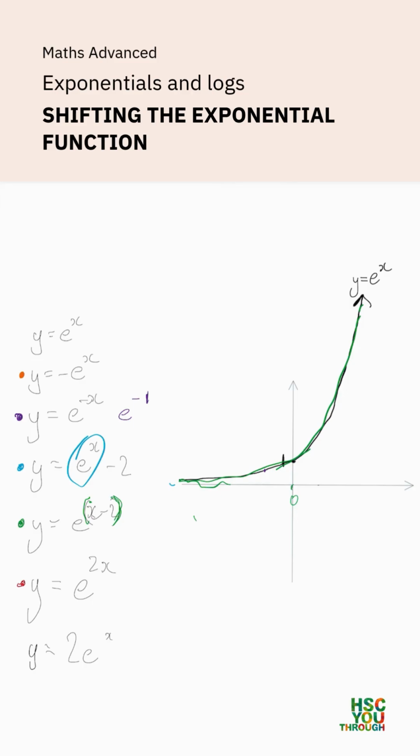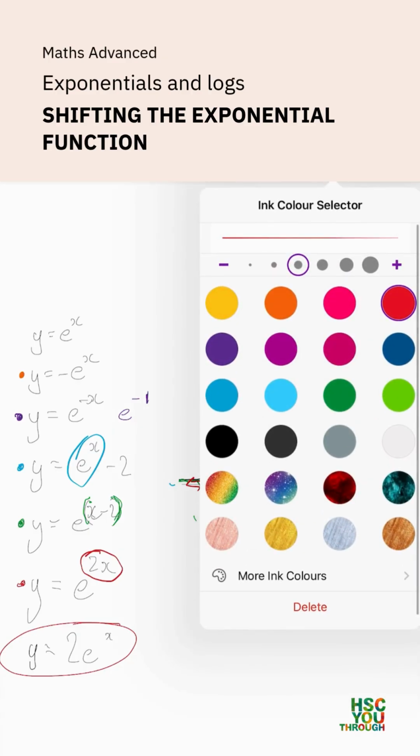Y equals e to the 2x. This is like a very aggressive value. It equals e squared when x is 1. So this thing just skyrockets and dies very fast. You've got a scaling factor in the functional slot. That is going to be more aggressive than this one even. So this one, let's just do it in black.